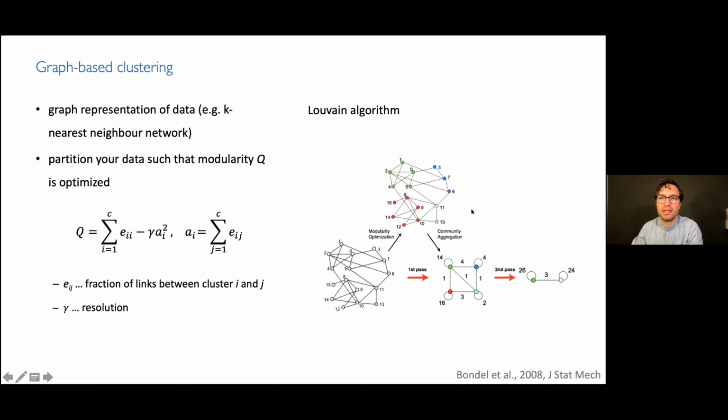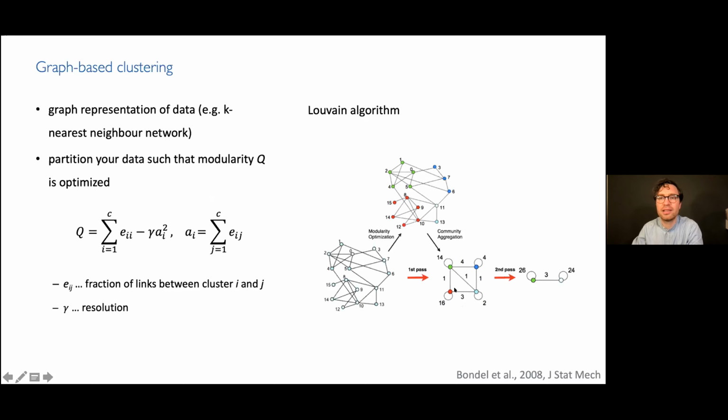This means you define a new graph representation of your data, where this blue cluster is now a single node. It gets 4 internal connections, 1, 2, 3, 4, and there are 4 connections to the green cluster, 1, 2, 3, 4, and 1 connection to the light blue cluster.